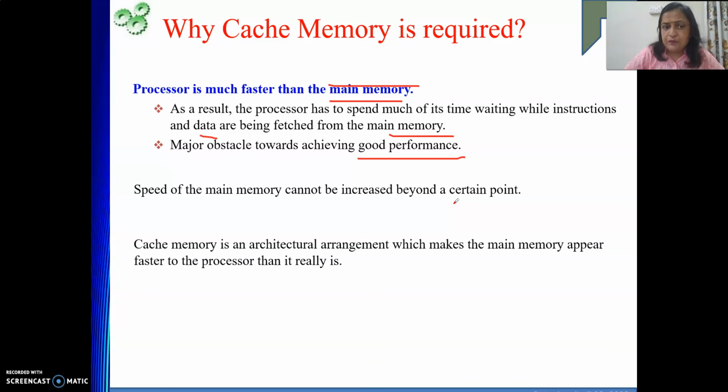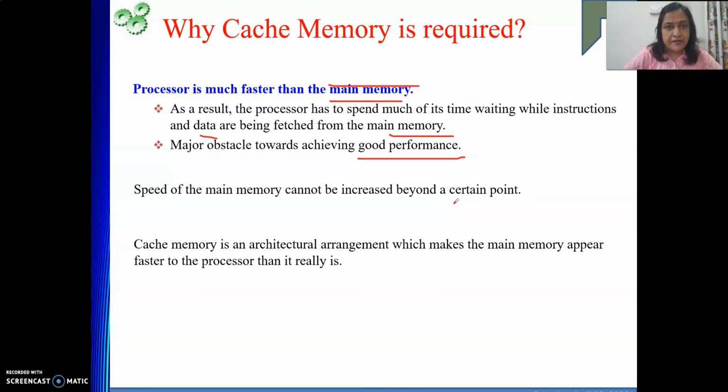We cannot increase the speed of the main memory, and the processor is faster. So we are providing one architectural arrangement: between memory and the processor we will connect cache memory, but that will appear to the processor as if it is connected to a faster main memory, because the existence of cache memory is transparent to the processor.